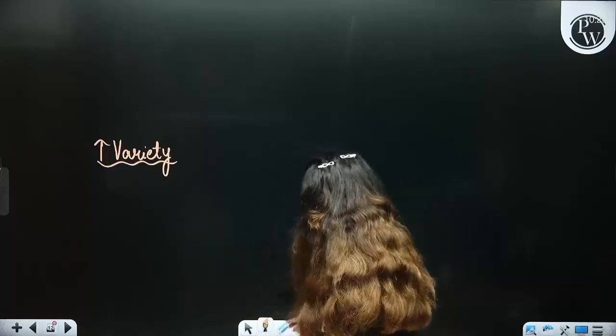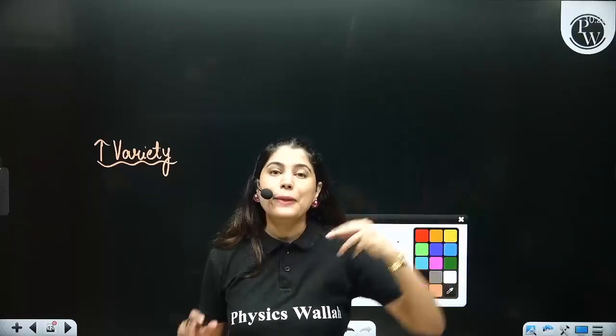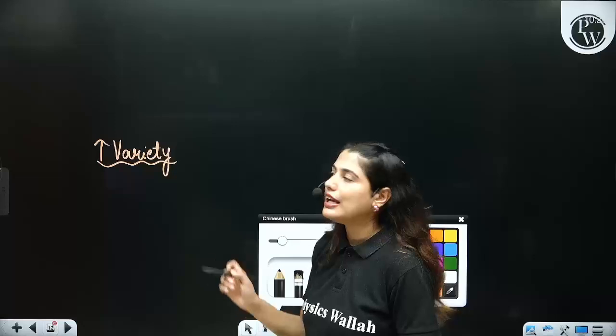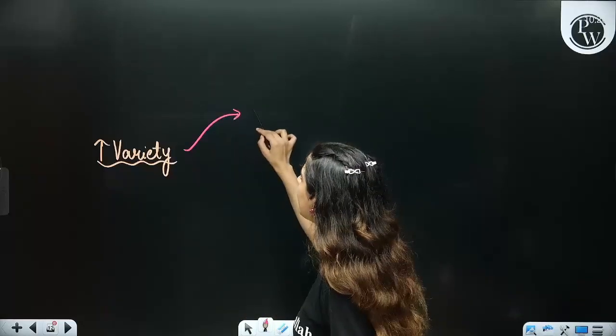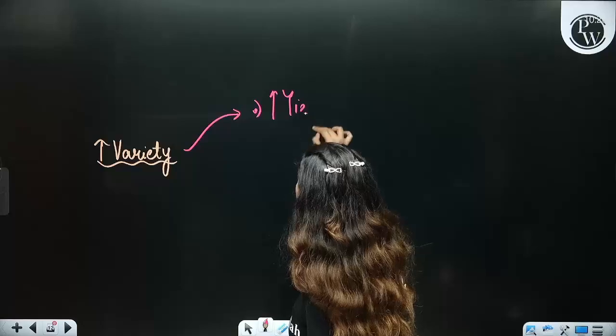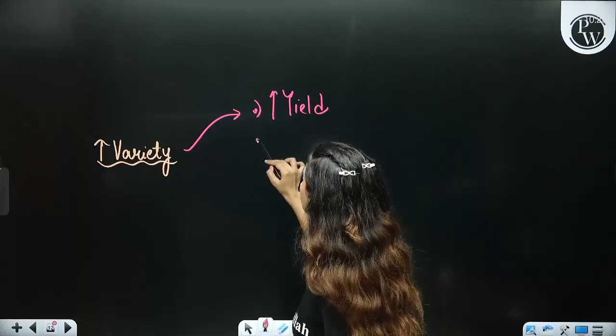What is the preferable variety that we need, right? The preferable variety should have a high yield, basically more production per unit area of the land, right? More crops growing per area of the land. So variety means the yield should increase.